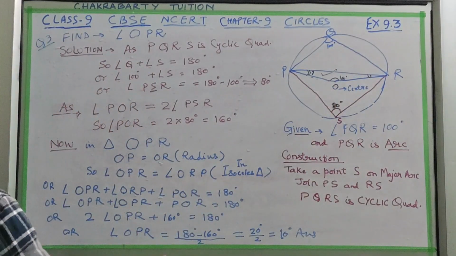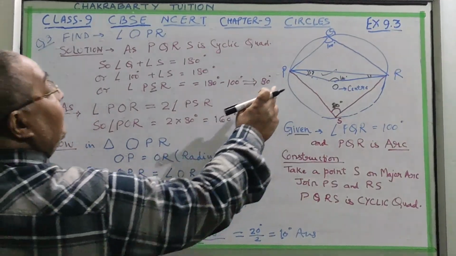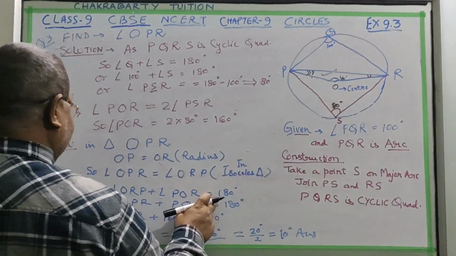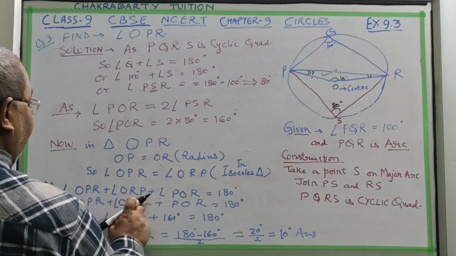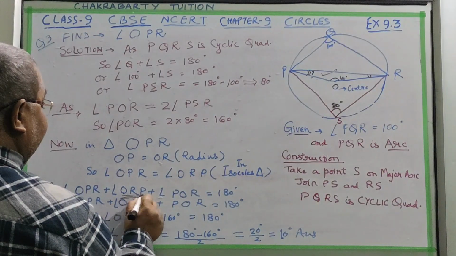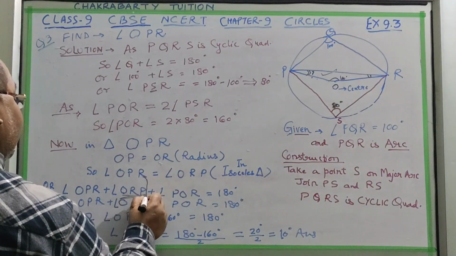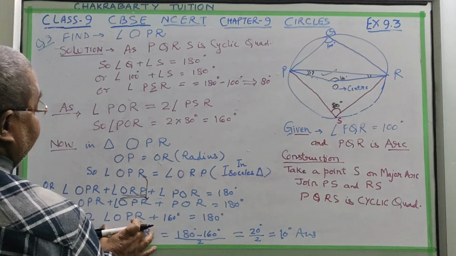Now as per the angle sum property, all the three angles, angle P, R and O of this triangle are equal to 180 degrees, and angle OPR is equal to ORP. So in place of ORP, we can write OPR also. So we have used OPR here also. Now OPR means 2 OPR we are getting.